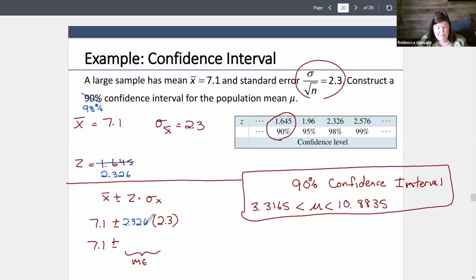So 2.326 times my standard error, 2.3, well, that's going to give me a much bigger margin of error. So the last one was, what was it, 3.3 approximately? Well, this is a much bigger margin of error, so it gives me a lot more wiggle room. So it expands this interval that I can look at so it can include more possible means, thus the confidence level is going to go up.